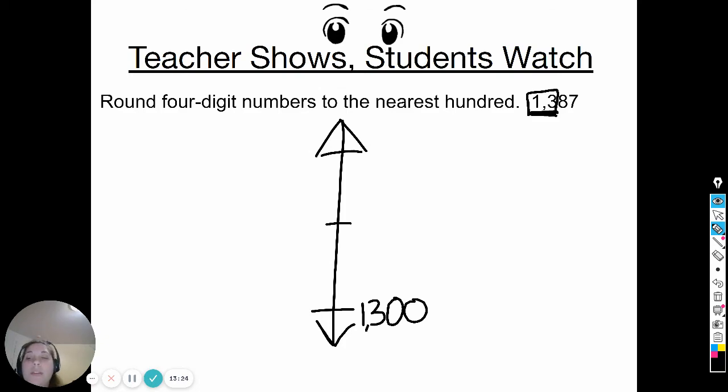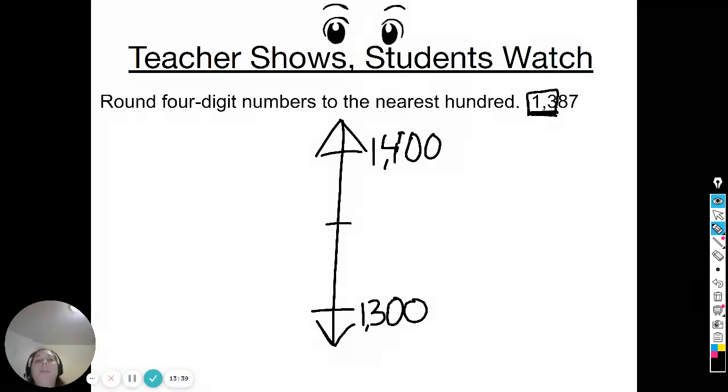Now we're going to take 13, we're going to add one more 100. 13 plus 1 is 14. Keep a 0 in the tens and a 0 in the ones. So we know that 1,387 is somewhere in between 1,300 and 1,400.